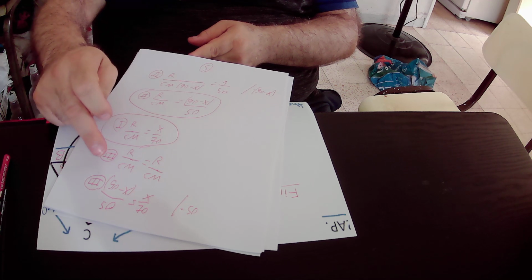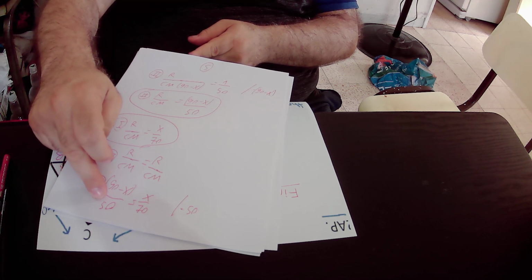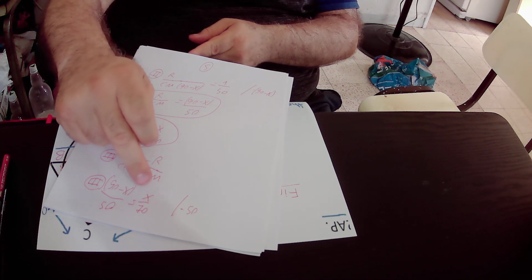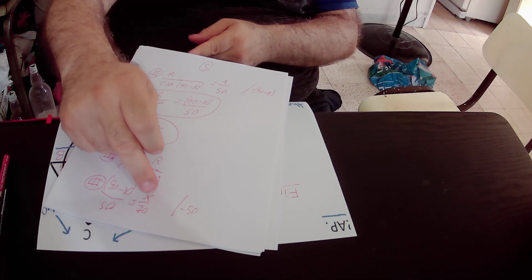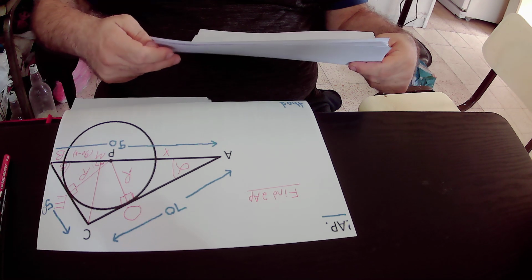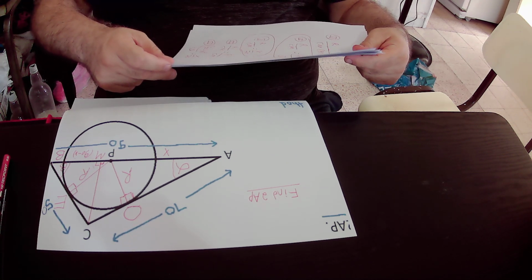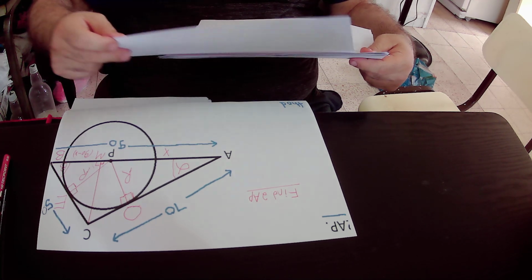So we got that 90 minus X over 50, the value of R over CM from the second equation, equals X over 70, the value of R over CM from the first equation. Okay, so it is a very simple equation of only one variable, that is X, with one equation.